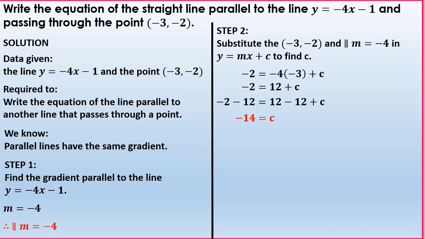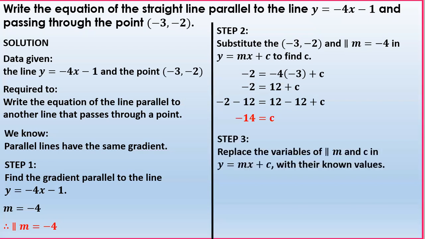Now that we have found our parallel gradient and our c, we can write the equation of the line. In order to write the equation of the parallel line, we are going to replace the variables of the parallel gradient and the c in y is equal to mx plus c with their known variables.